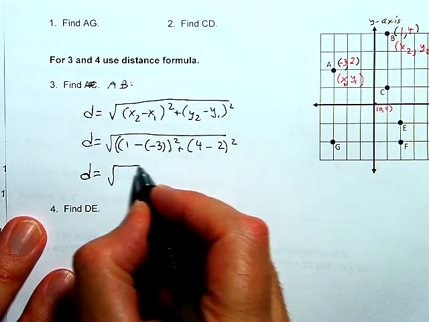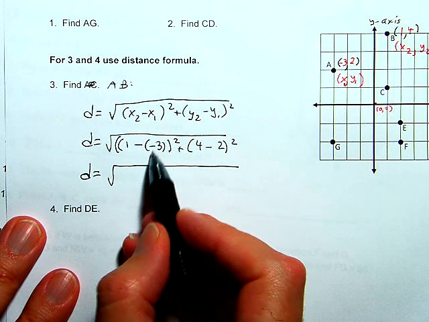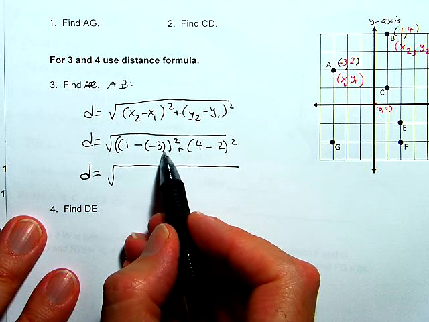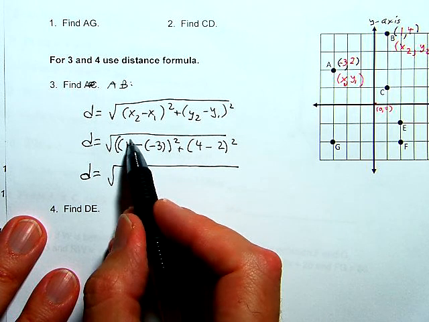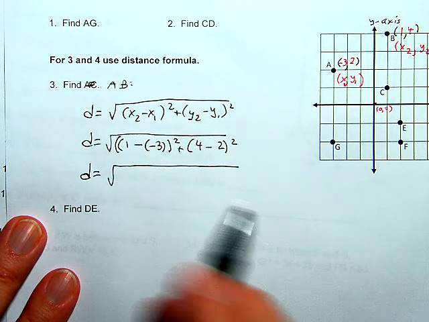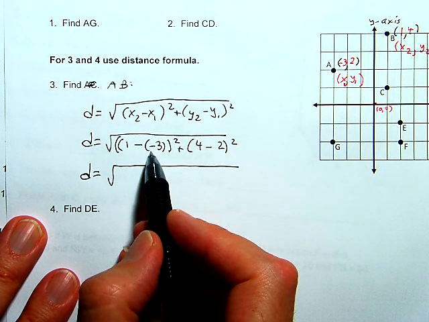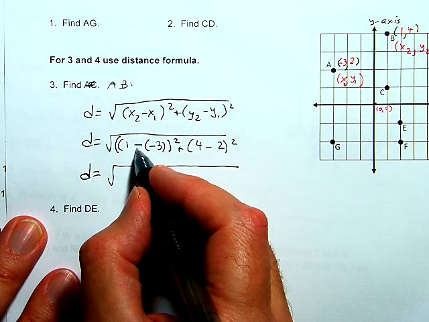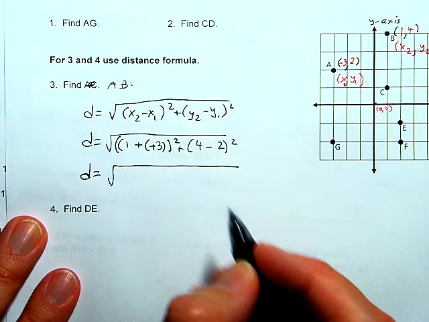So we have the square root of, the innermost parenthesis is just for the negative 3. One parenthesis outside of that gives us 1 minus negative 3. Now you may remember, if you have a minus sign and then a negative number, we can change both of these to plus signs.